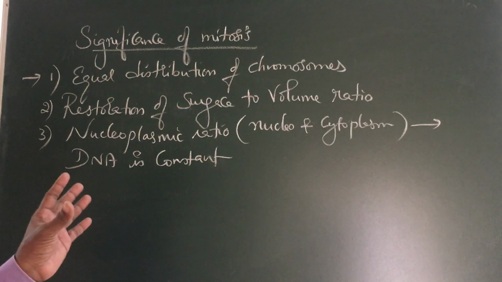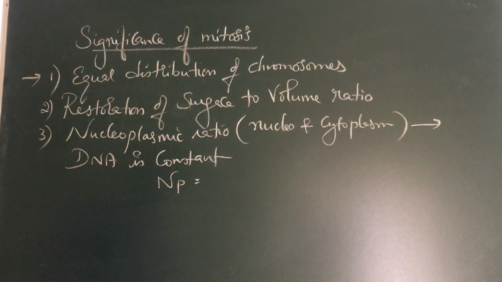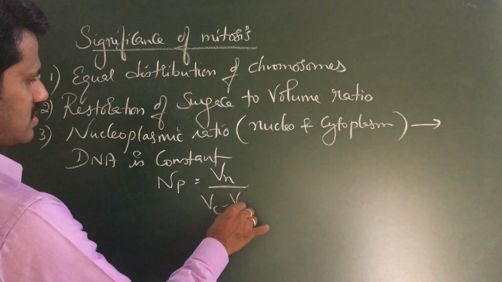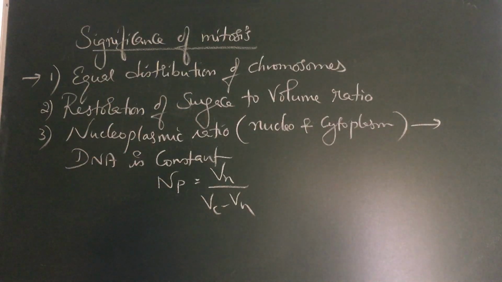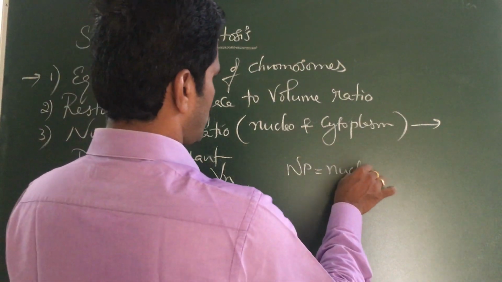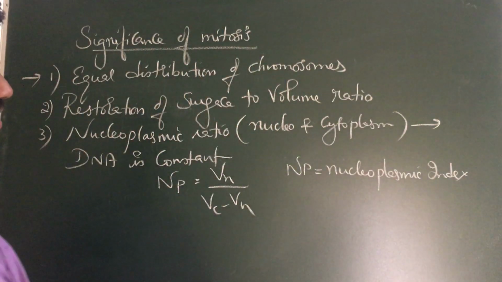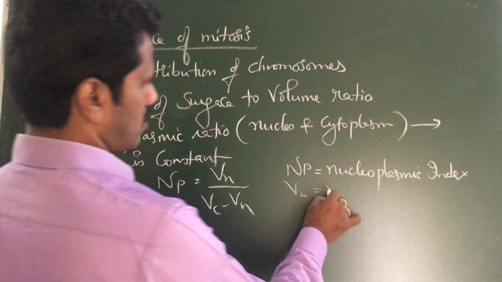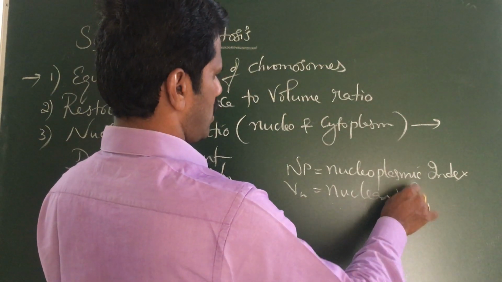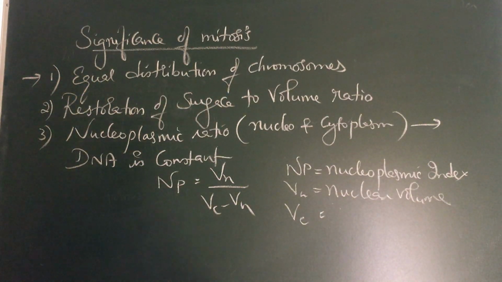It is calculated by the formula NP = Vn / (Vc − Vn), where NP stands for nucleoplasmic index, Vn is the nuclear volume, and Vc is the cell volume.